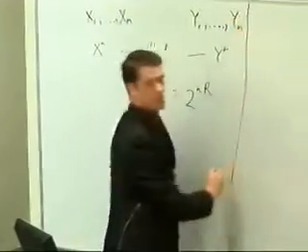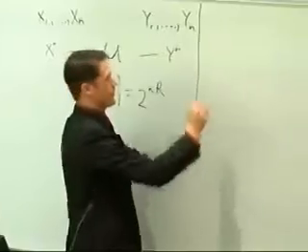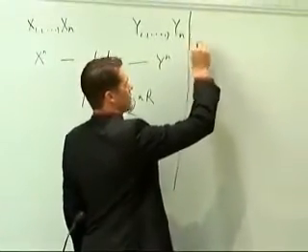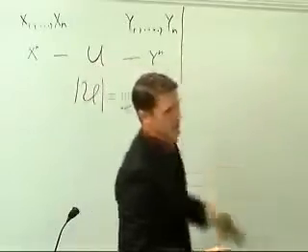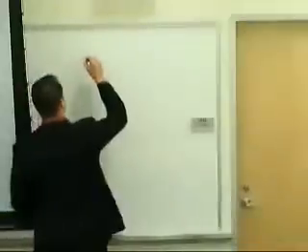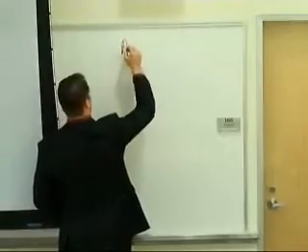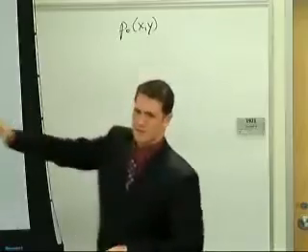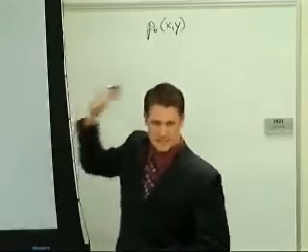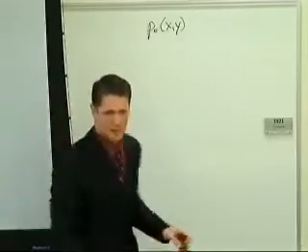Let me define a typical set. We have a p naught of xy. Don't be confused to think that this tells us the distribution of x and y; it's just a joint distribution.